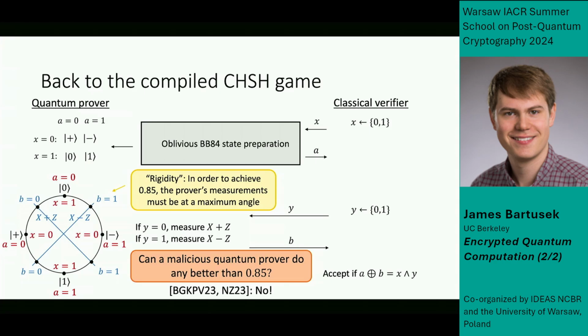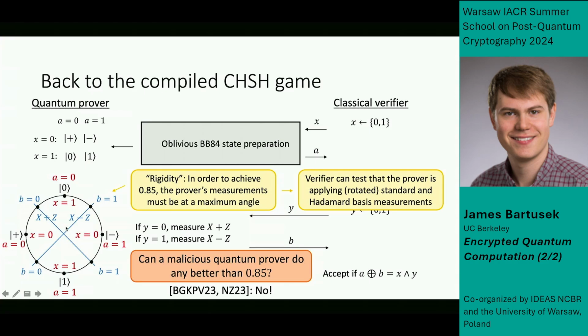So in some sense, by linear algebra, it suffices to look at just the 2-dimensional case, okay? And then what they can show is that, because the prover cannot guess the value of x, and this really crucially relies on that, if the prover is accepted with probability 0.85, their measurements must be at a maximal 90-degree angle, okay?